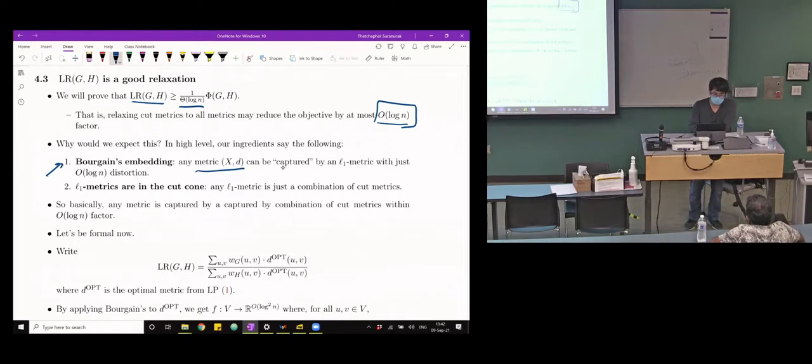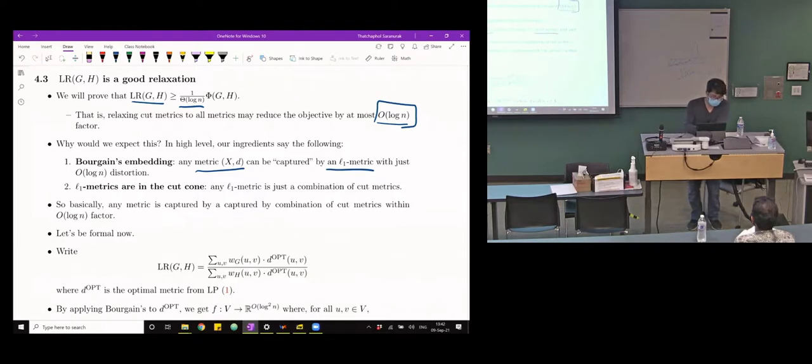The first one is that any metric is kind of captured by an L1 metric with some small distortion, log n. And an L1 metric is also just a combination of cut metrics. So relaxing from cut metric to any metric, you're just off by a log n factor.